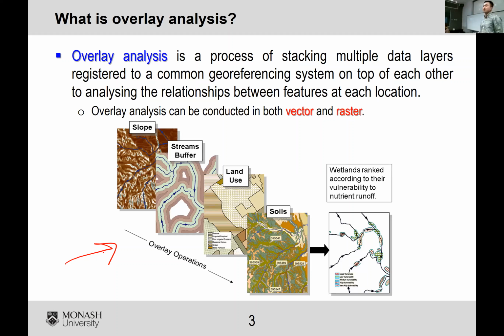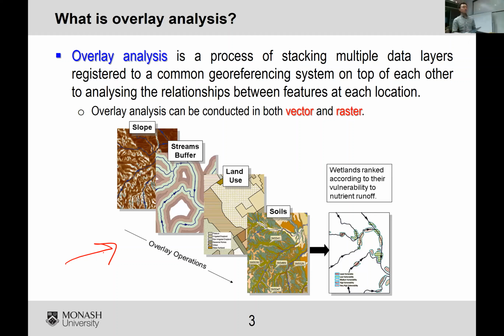And again, we can use the geometry tool to create a buffer around stream. You have all done this in the exercises. And then the land use and soil types. So how do we stack all this data together to get the insightful information from them? So this is what overlay analysis does.